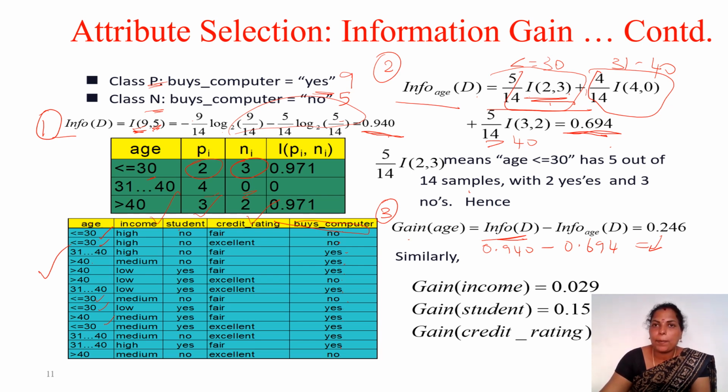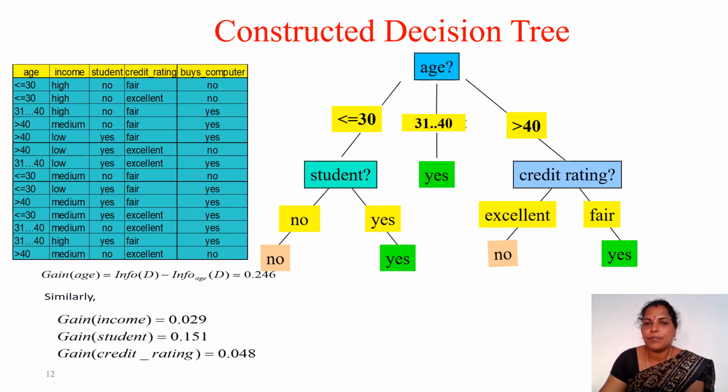Then you subtract the particular attribute's information from the class label's information, and we get a value for all. So gain of income is 0.029, gain of student is 0.15, and for credit rating also we get a gain value. With these gain values only, we are going to construct the decision tree. In the next slide, we can see that.